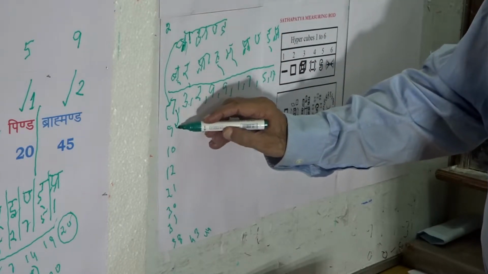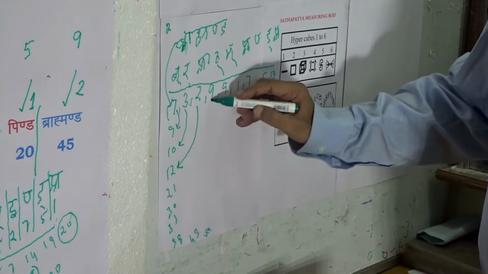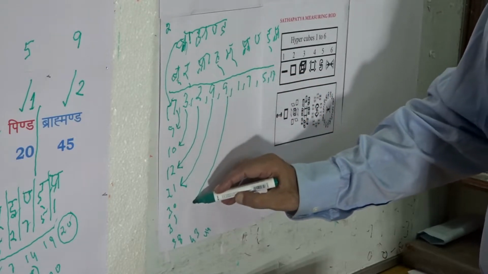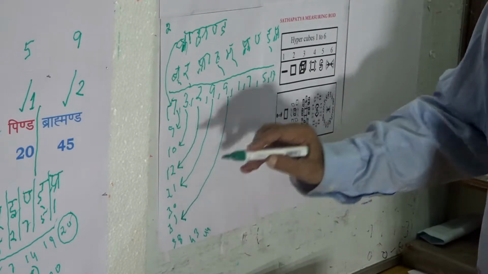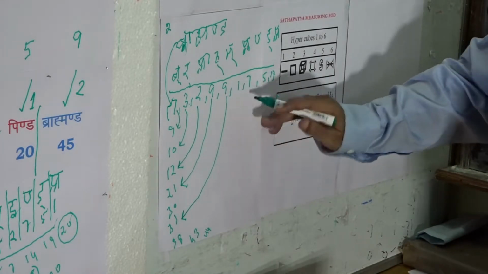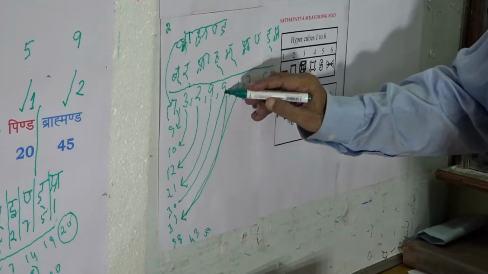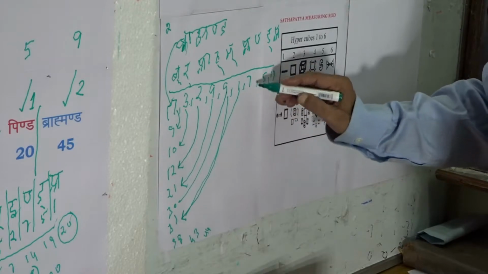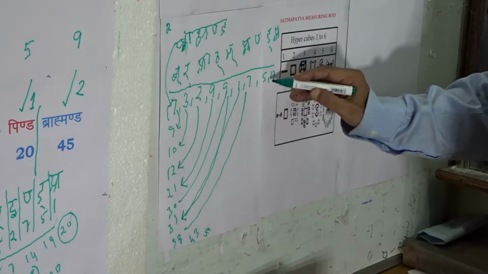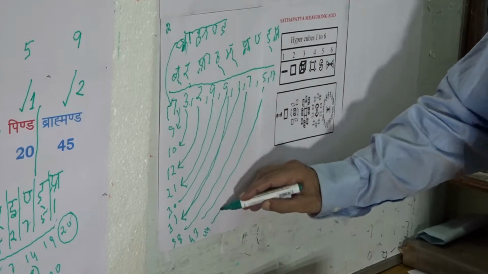This is 7, makes 10, makes 12, 21, 30. Now see, after this value, it makes 31. Here is up till 30. Then it is 38. Then 43. And then it is 44.